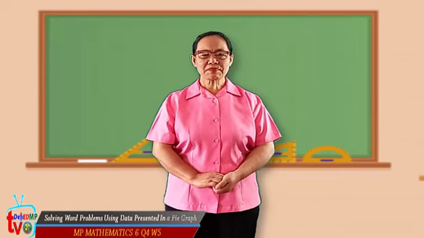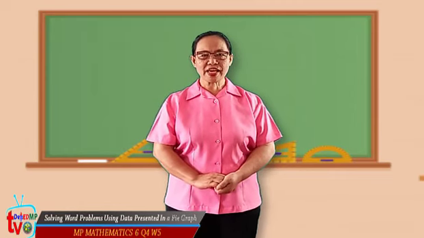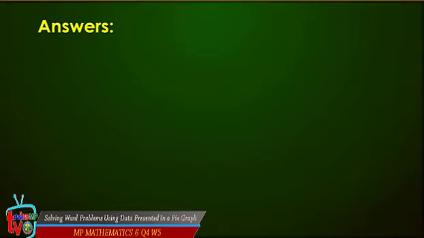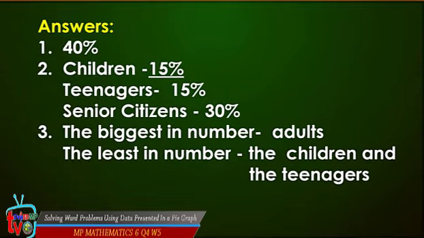Time's up! Let's check if you got the correct answers. The following are the answers. Number 1, 40%. Number 2, children, 15%. Teenagers, 15%.